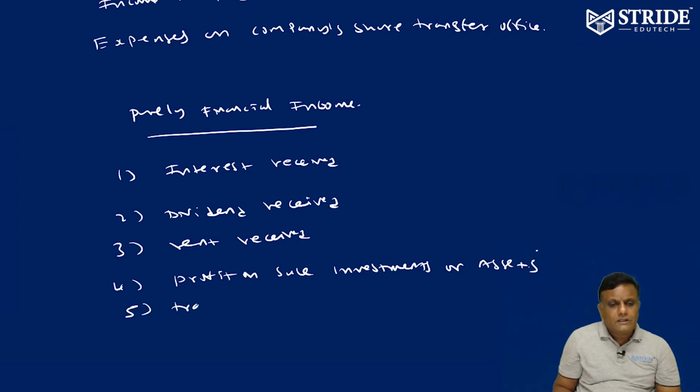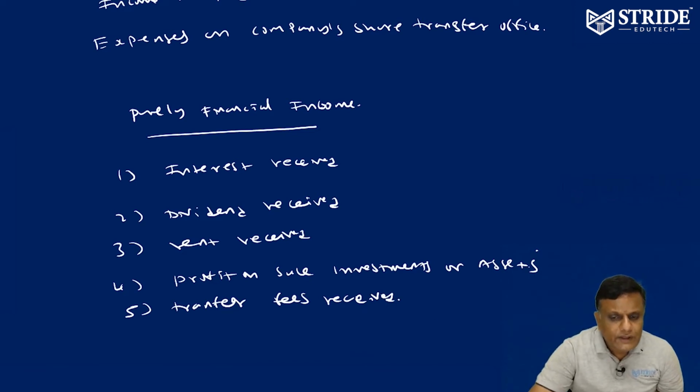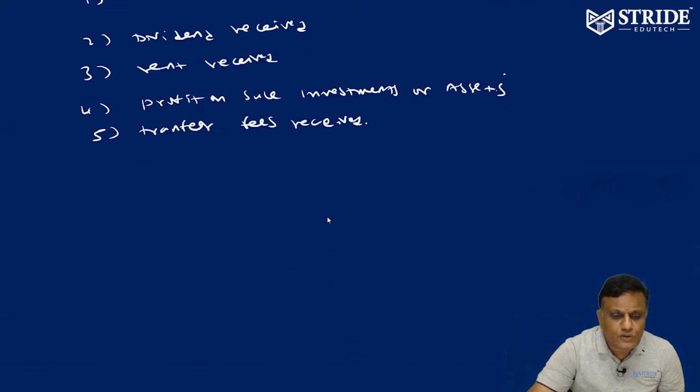Number 5, transfer fees received. These are purely financial income, so they won't find a place in cost accounts.